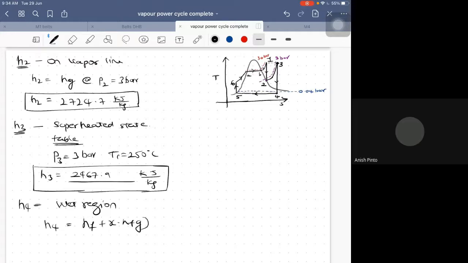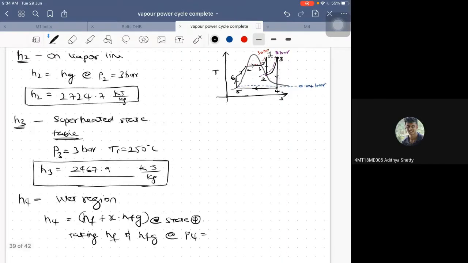All these values need to be at state 4, right? Now, taking Hf and Hfg at P4, what is the pressure at state 4? 0.04 bar. Please give me the values of Hf and Hfg.